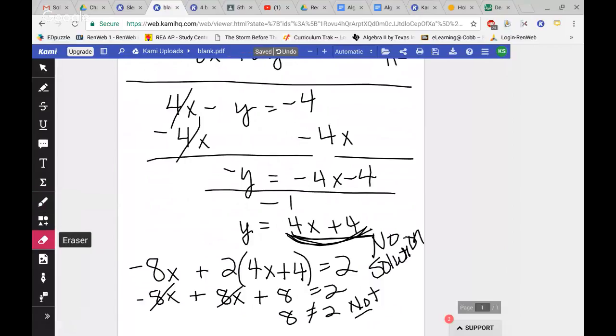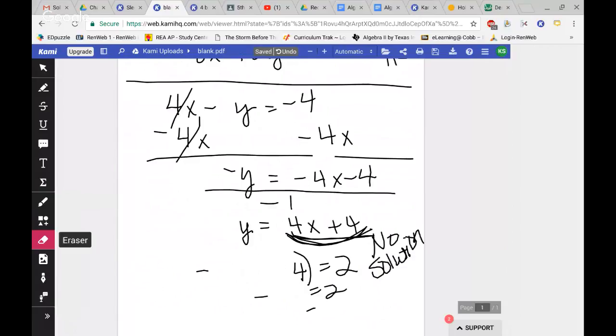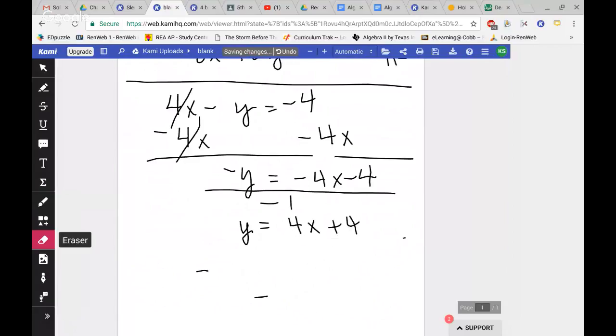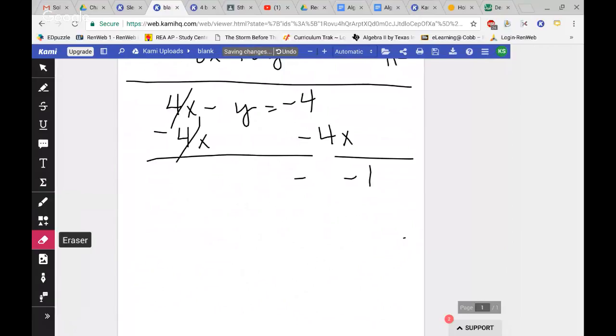Does that make sense? A little bit. Is it getting better? Or not really? A little bit, yeah. Okay, which part is confusing? The no solution part or the substitution? Like the substitution still confuses me a little bit.